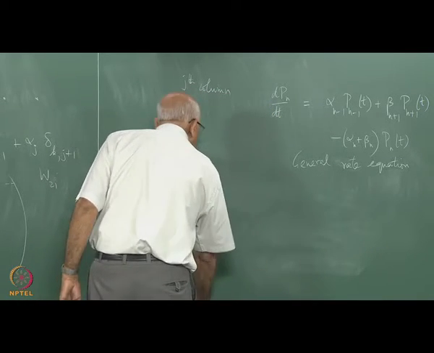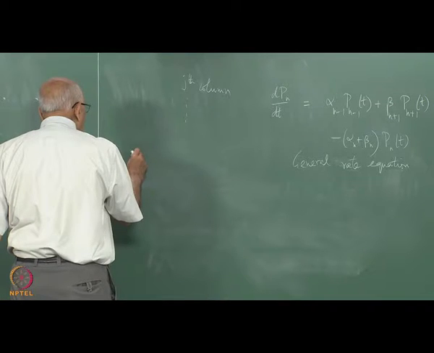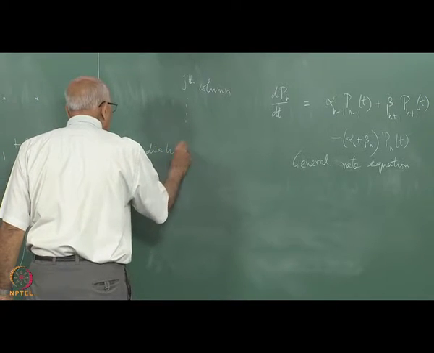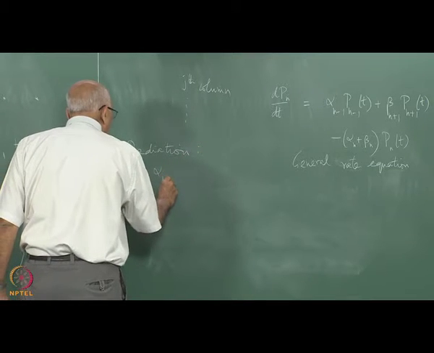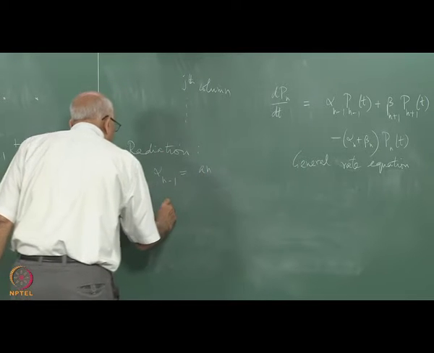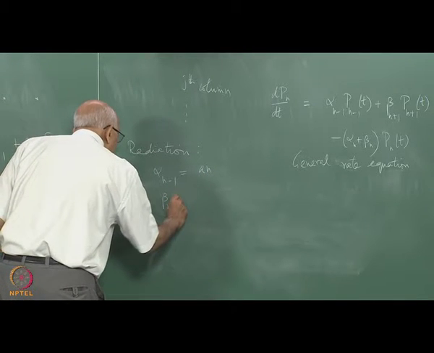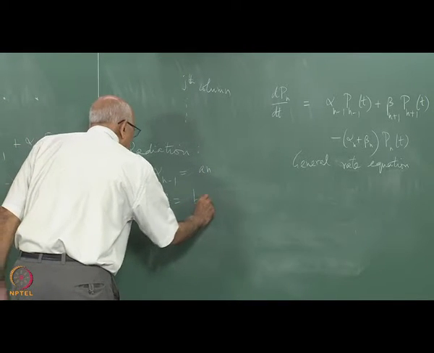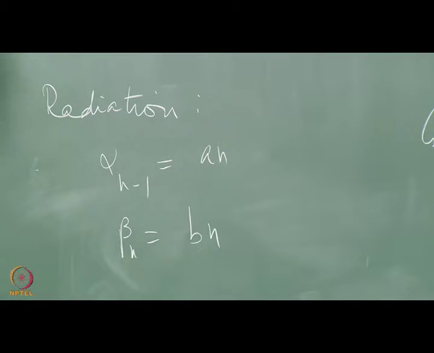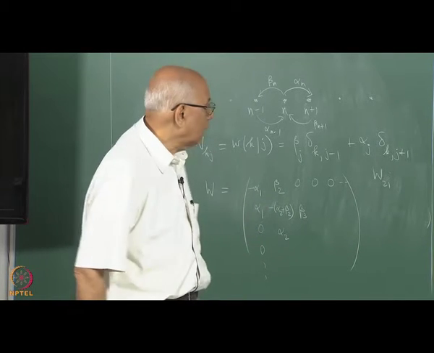In that case, what happened was, for the radiation problem, it turns out that alpha n plus 1 is some constant times n, and beta n is some other constant b times n. Alpha n minus 1 was proportional to n, and beta n was proportional to n once again with some constants a and b. Okay.